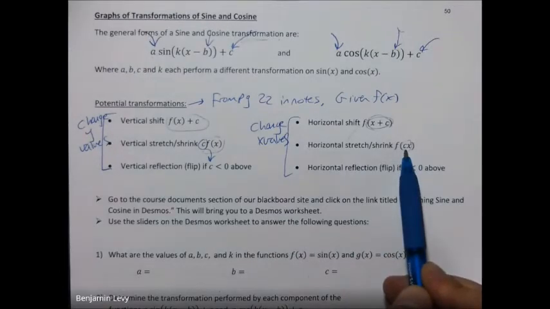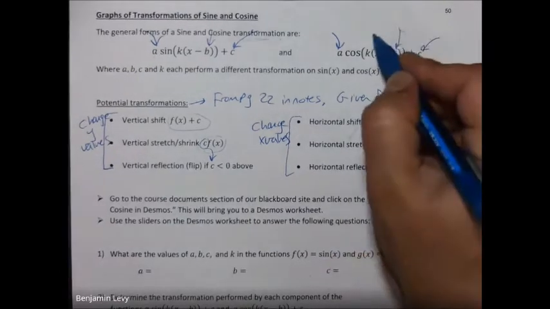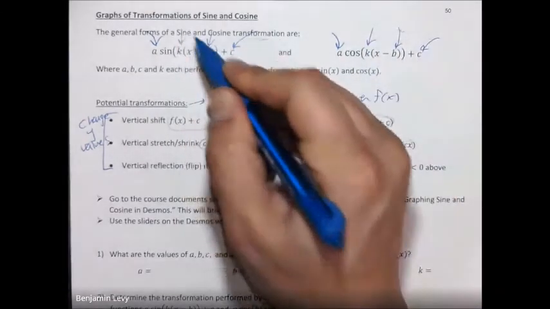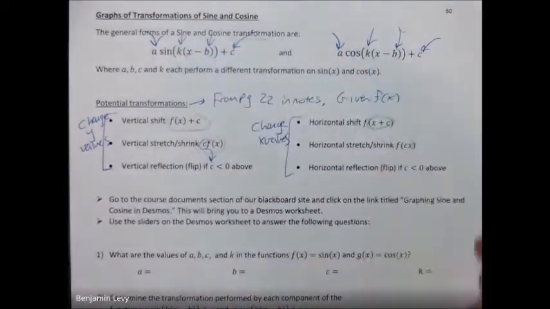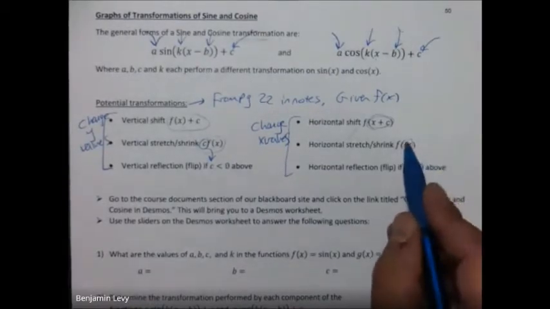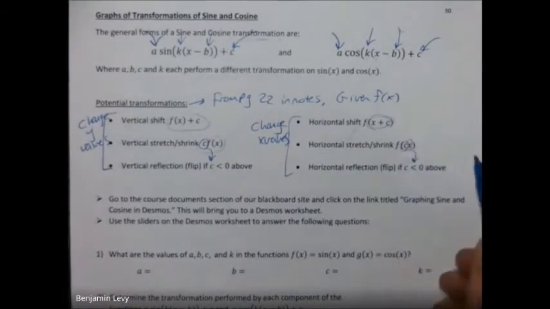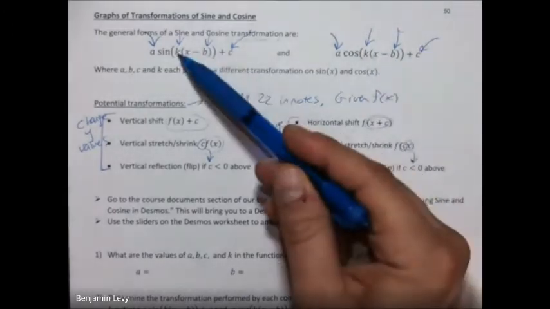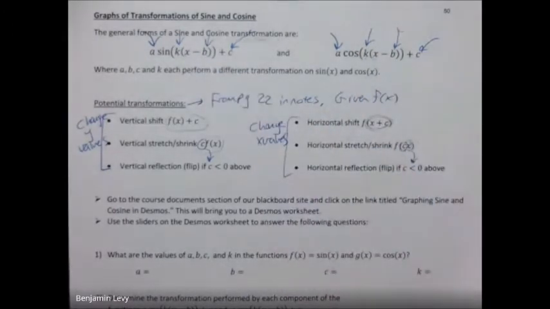What's multiplying the x value up here? That's the k. The k is the thing multiplying the x in both of those, so that's doing a horizontal stretching or shrinking. And of course, we can also flip horizontally if that k is negative, right? So this k is going to be in charge of horizontal flipping as well.